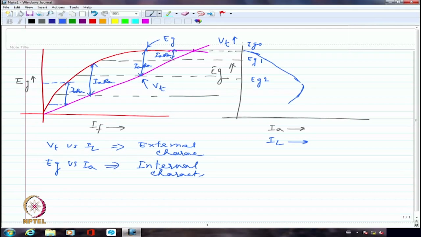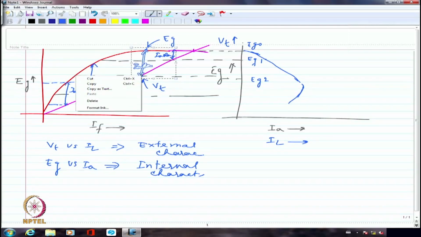We have shown a huge drop clearly. That is what goes towards giving me the armature current, right? This is the value corresponding to the terminal voltage. If I look at EG, it is here, whereas VT is here.